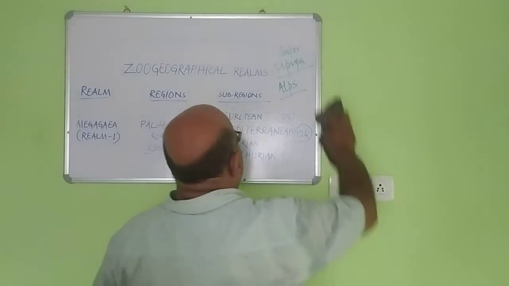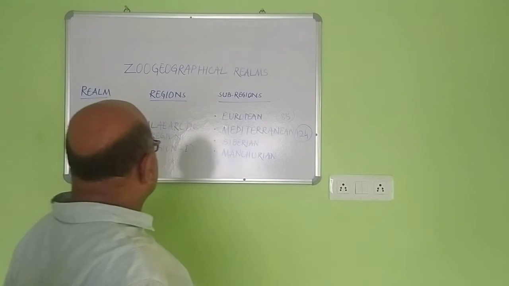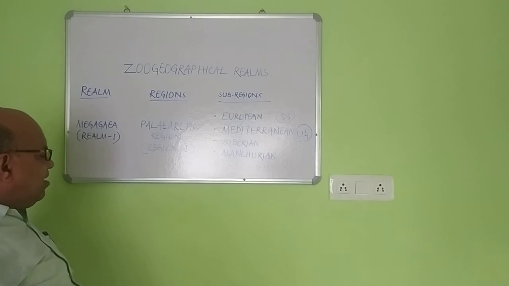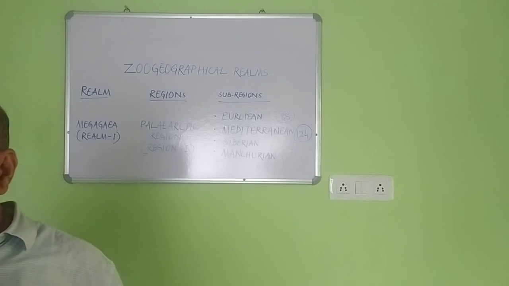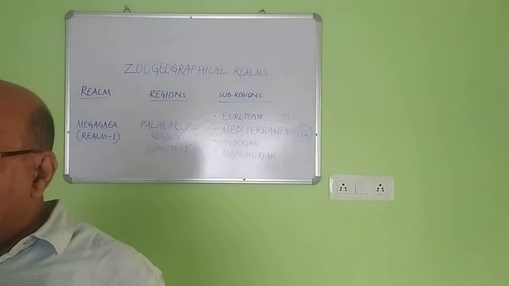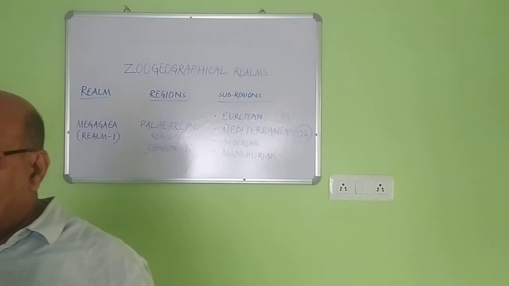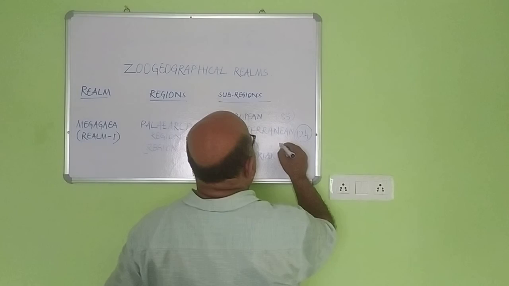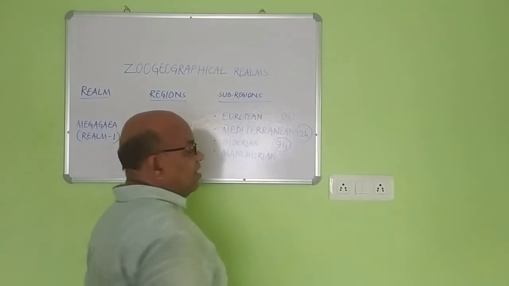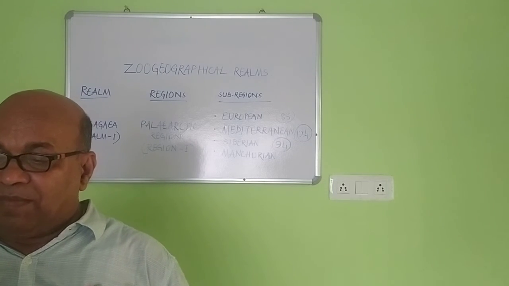Then the Siberian. Siberian is one sub-region of the Palearctic region under the realm Megagaia, and it includes the Caspian Sea to Kamchatka and the Bering Strait, and the Arctic Sea to the Himalayas. It comprises 94 vertebrate families.